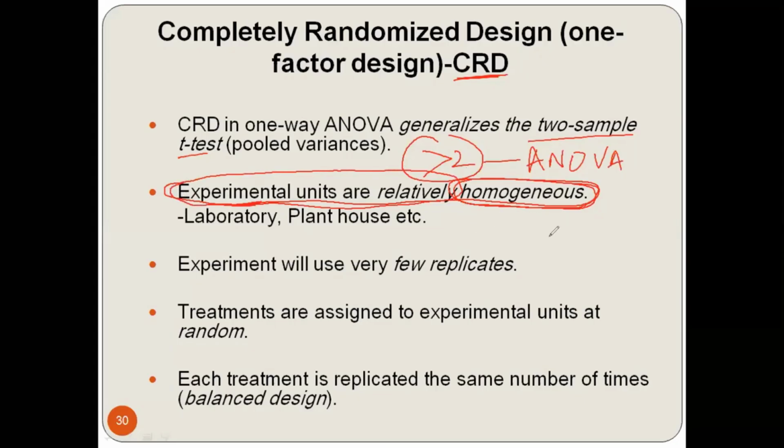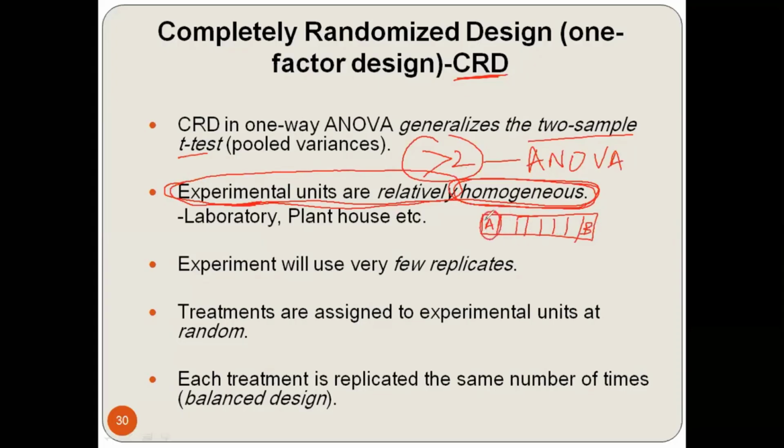Therefore, we cannot do experiments in the land. In the land, as we said, right? Let's say place A and place B, or location A, location B on the land.